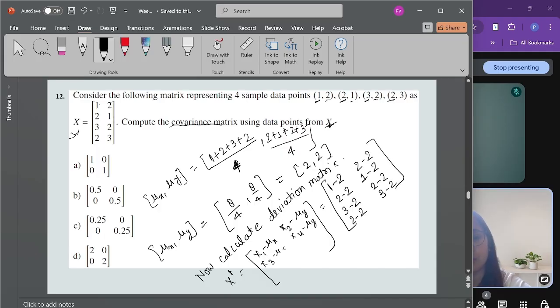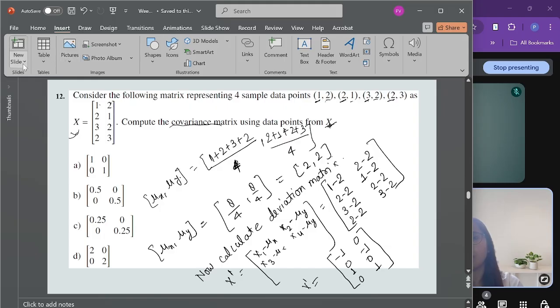So the deviation matrix x dash, finally you will get minus 1, 0, 0, minus 1, 1, 0, 0, 1, right? This is the deviation matrix that you have got.